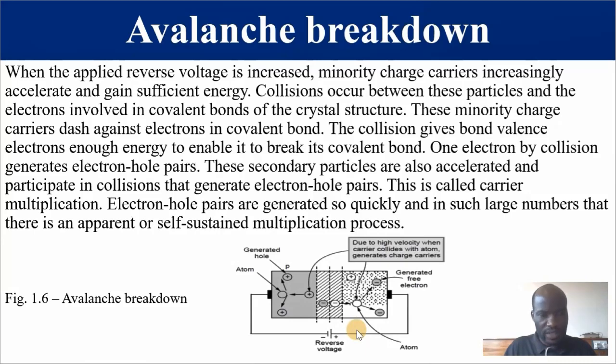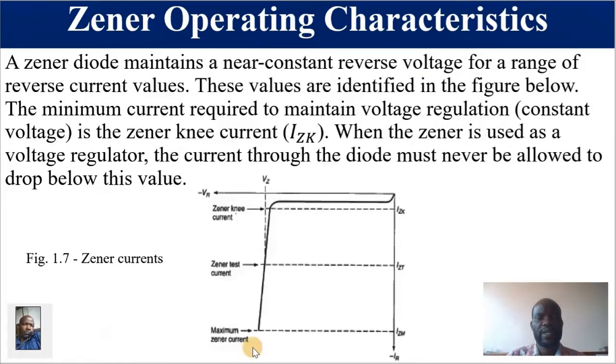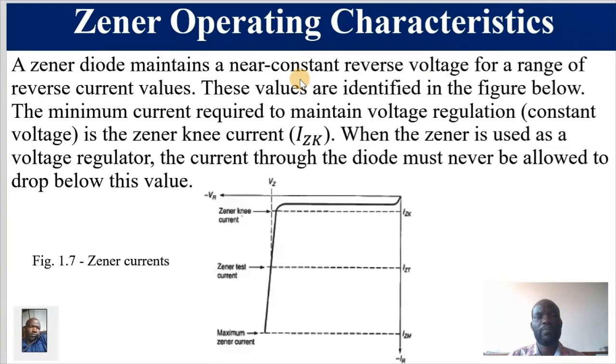Please take note. You must be able to illustrate the operation of a Zener diode in the reverse breakdown region. And we are saying a Zener diode, as we have seen, maintains a constant reverse voltage for a range of reverse currents. And we are identifying the types of currents in this slide.